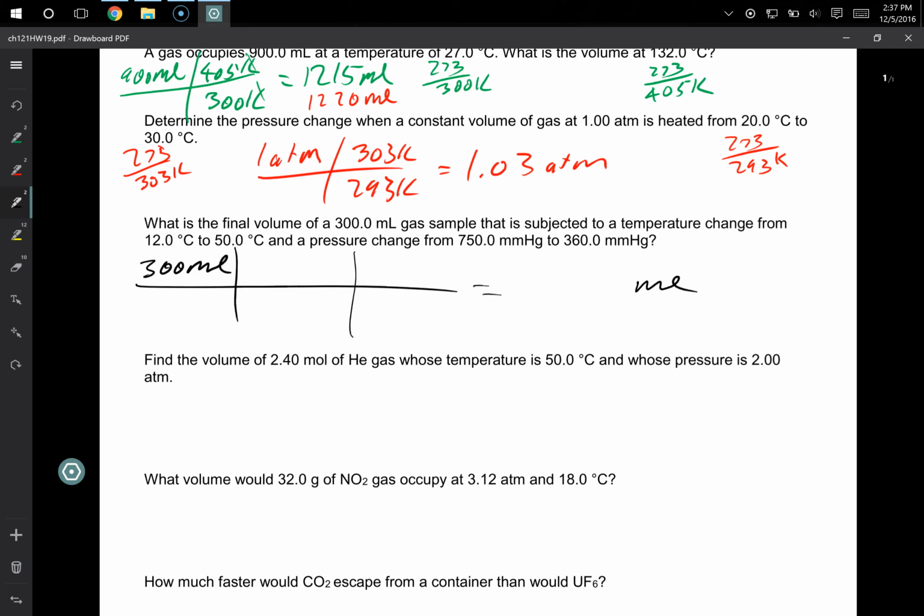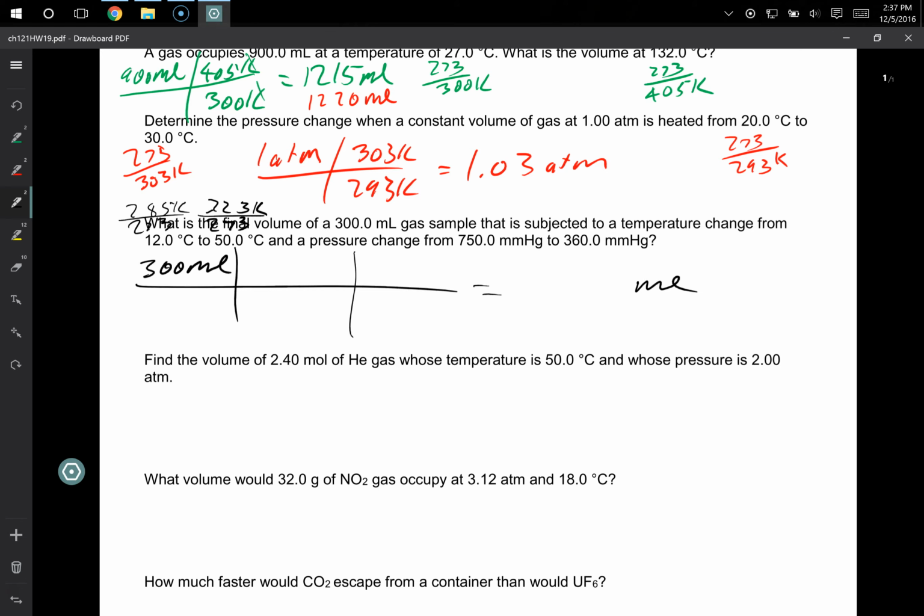What should I have done first? 273 plus 50 is 323 K, and 273 plus 12 is 285 K.